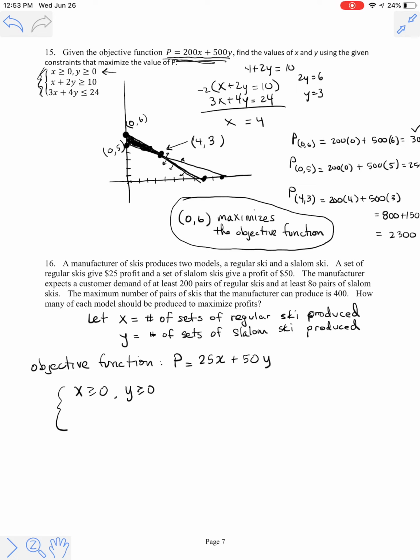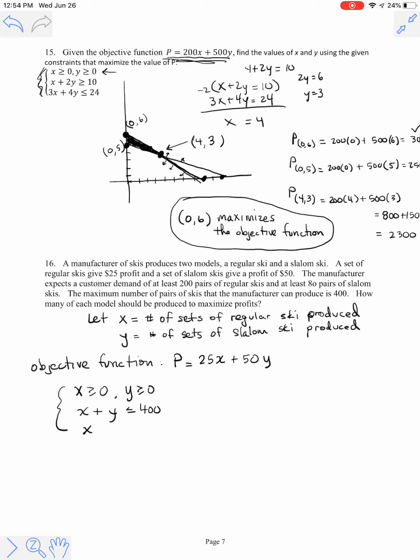Now, it says the maximum number of pairs of skis that this manufacturer can produce is 400. So if we take the number of regular skis and add that to the number of slalom skis, that's got to be less than or equal to 400 because the manufacturer can't produce any more than that. And now we can have some statements for demand.